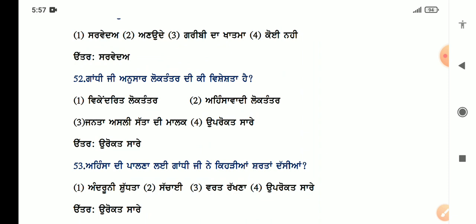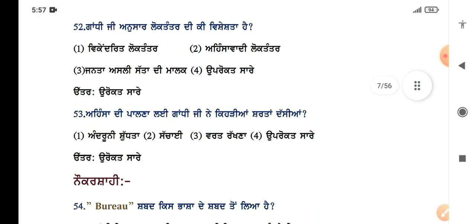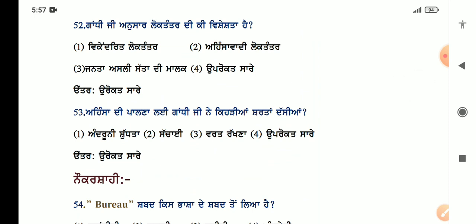What were the conditions to follow ahimsa according to Gandhiji? Purity, internally pure, truth, fasting, all of the above. So these were the ideals of Gandhiji.